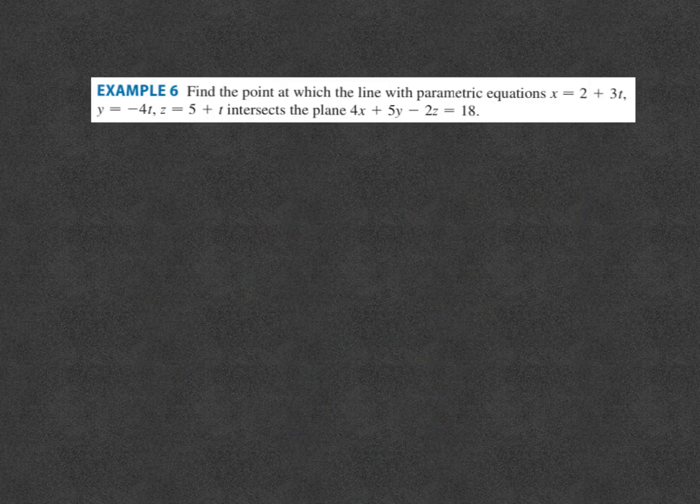Check out this one. It says find the point at which the line with parametric equations given intersects the plane. Now all of our parametric equations, notice, are in terms of t. So if we use that to our advantage, we can find the point. So we're going to say 4 times the x value of 2 plus 3t plus 5 times the y value of -4t minus 2 times the z value of 5 plus t equals 18.